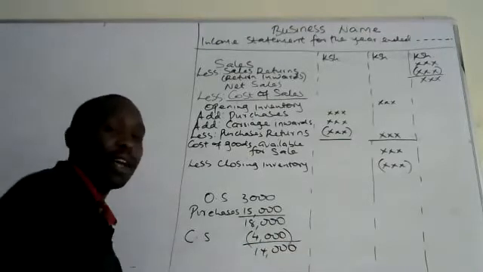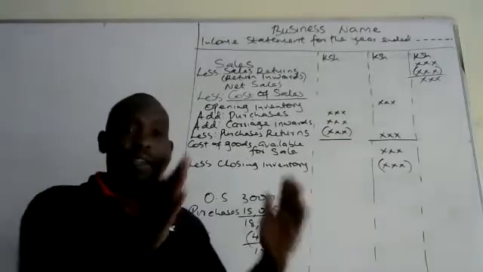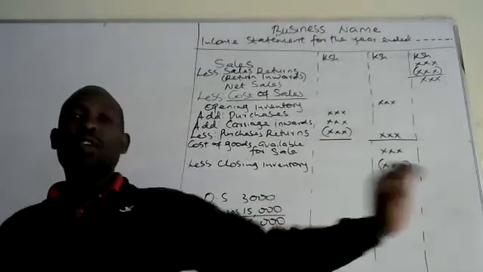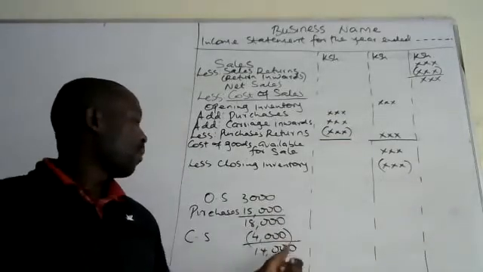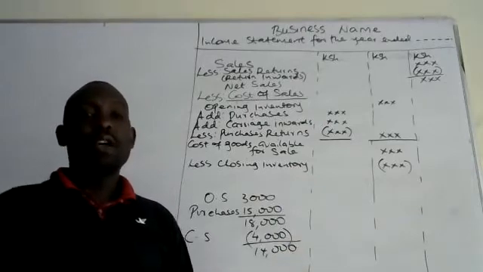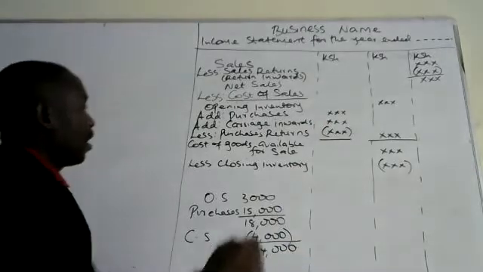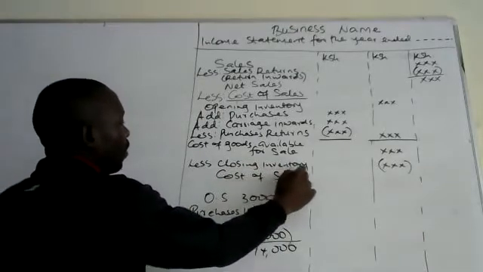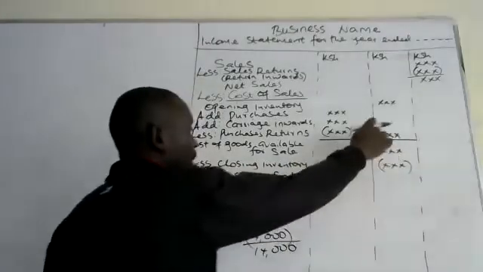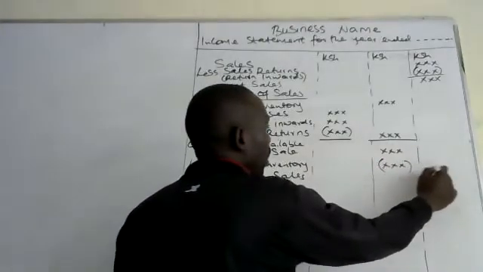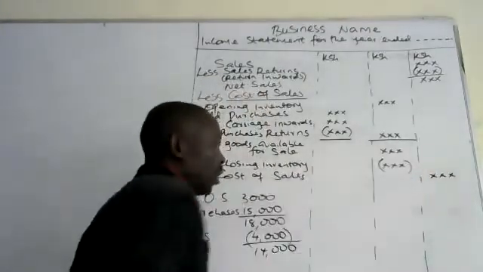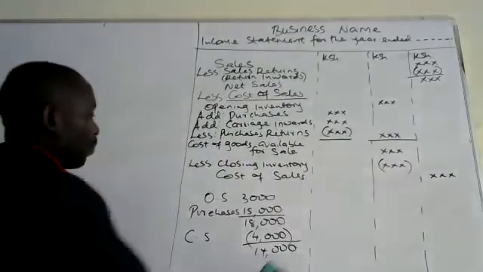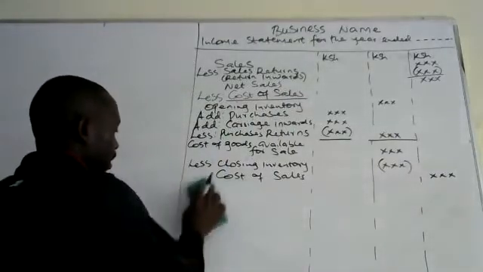Then it simply means that if I have a stock of 4,000 that is not yet sold, then what I sold must have cost me 14,000. What I sold cost me 14,000, and that is what we call cost of sales. What was available minus the unsold, you get the cost of sales. Put it to the last column to be in line with the sales.